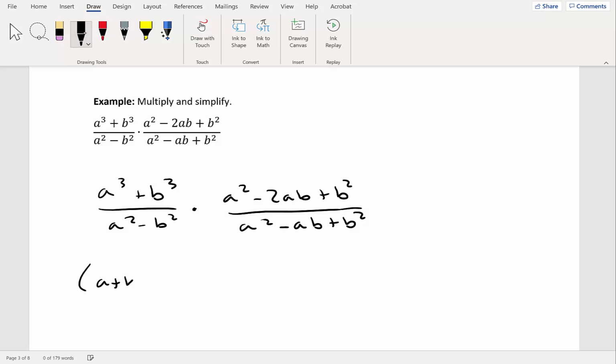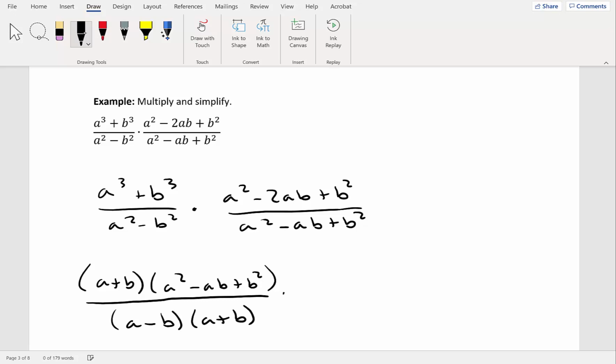So this would become a plus b times a squared minus ab plus b squared. The denominator is a difference of two squares. That factors into a minus b times a plus b. We have times. Then the numerator of my second fraction will factor into a minus b times a minus b. And then the trinomial in the denominator of my second fraction, a squared minus ab plus b squared, this cannot be factored.